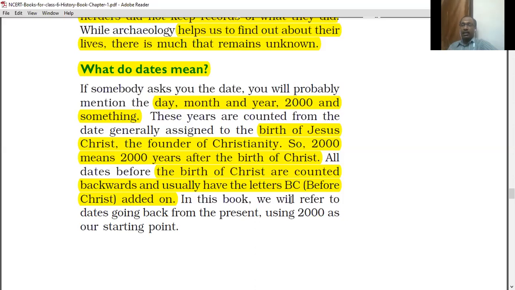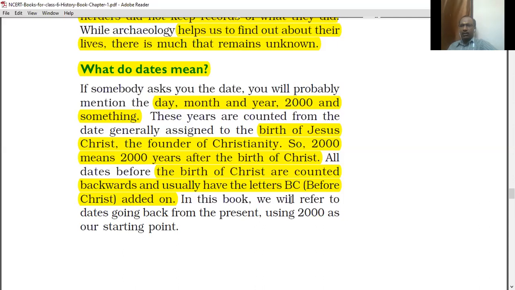These are before Christ, what we call BC. So we will refer to dates going back from the present using 2000 as our starting point. For example, 2500 years ago, Gautama Buddha was born. What it means is that it is 500 BC.